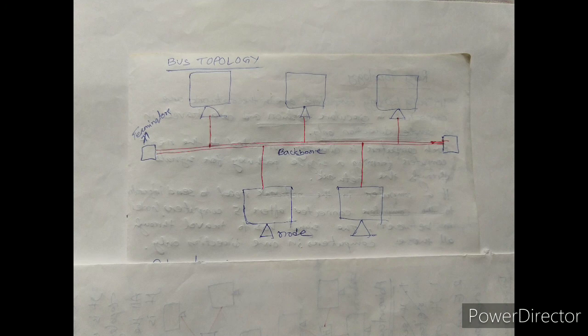The computer which wants to send information will simply send it to the bus, and the information will spread throughout the cable and then reach the intended destination, meaning the computer to which you want to send the information. It will reach that node.